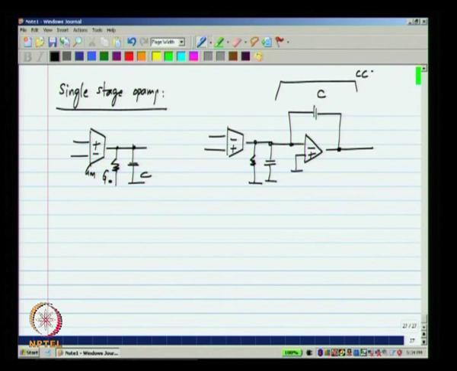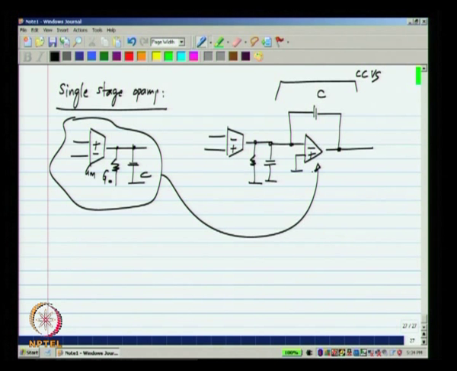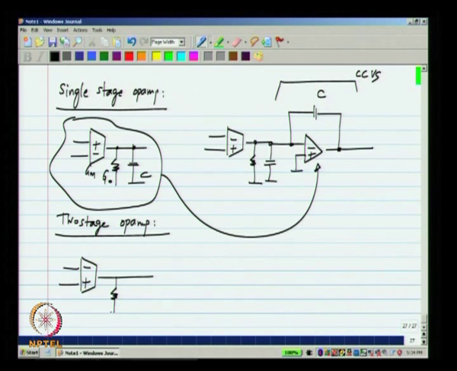This is the current controlled voltage source, and I used my single stage op amp in place of that op amp. Okay. And I ended up with the topology which was the two stage op amp, which of course is that.